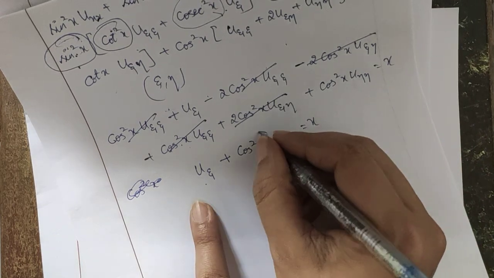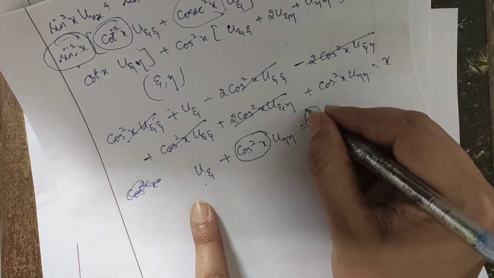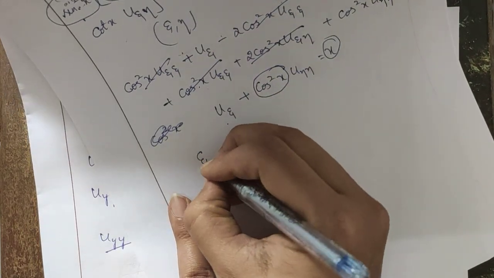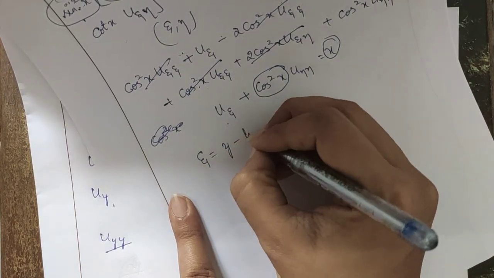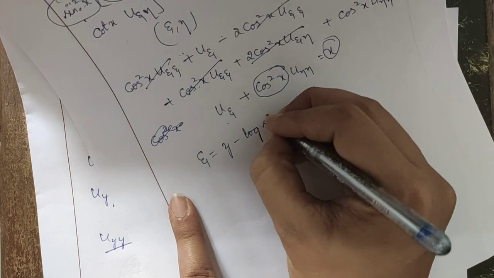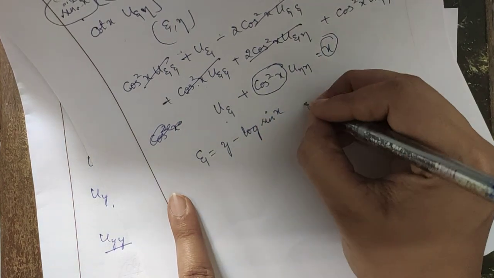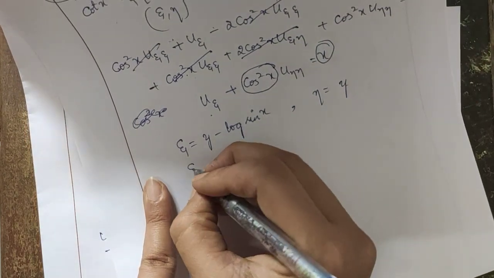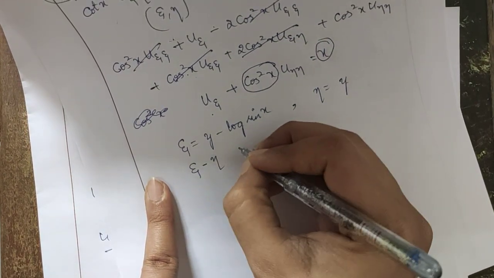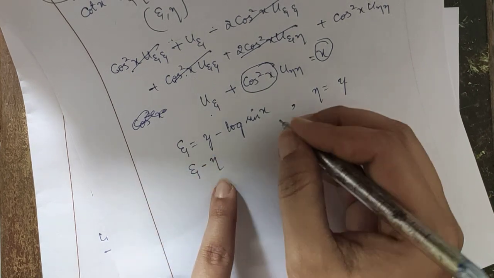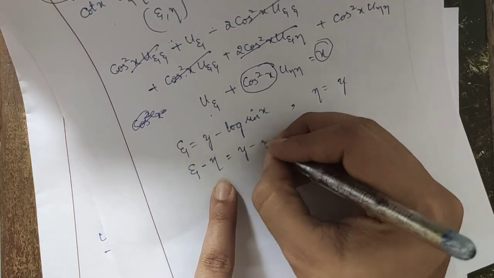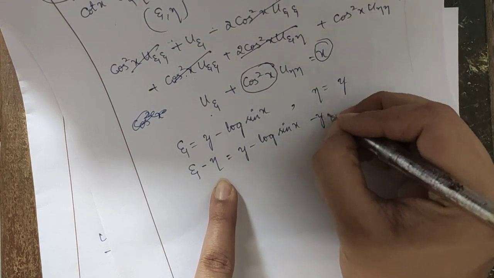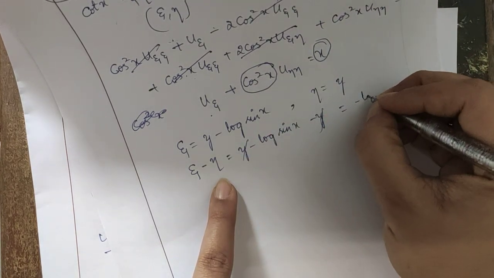Now I have to convert this cos square x and x to the xi eta plane. So for that we know xi is equal to y minus log sin x, right, and eta is equal to y. So now if I find out xi minus eta, so what is xi minus eta? You will get y minus log sin x minus y gets cancelled, you will get minus log sin x.